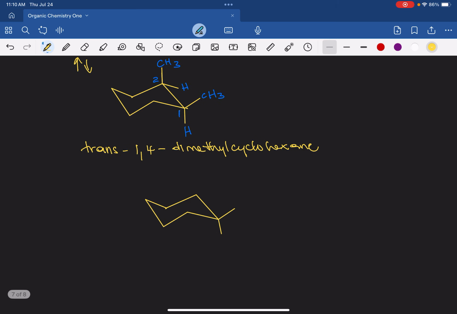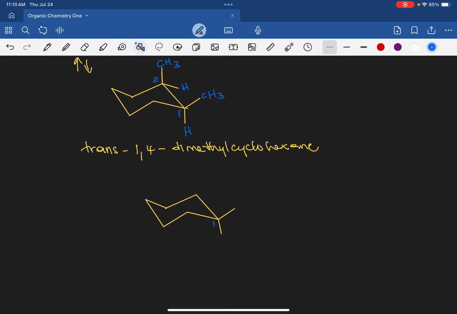And if this is my carbon 1, I need to count to have 4 carbons away, because my other methyl group is on carbon 4. So I can go 1, 2, 3, 4. If you went in the other direction, 1, 2, 3, 4, you'd end up here. So that's where my carbon 4 is.